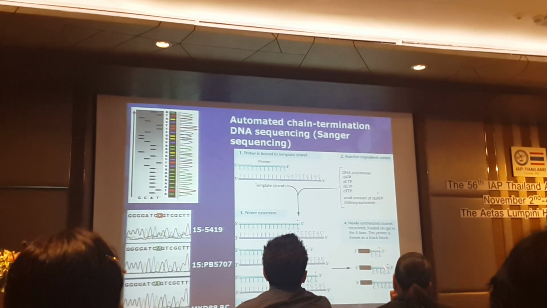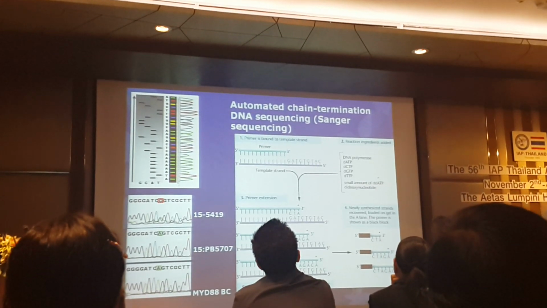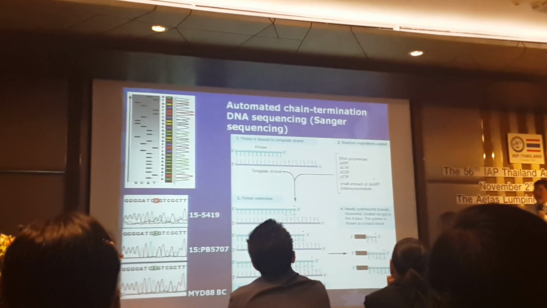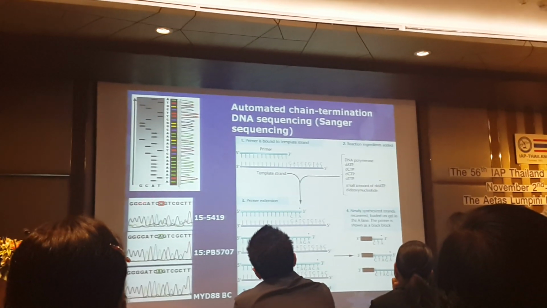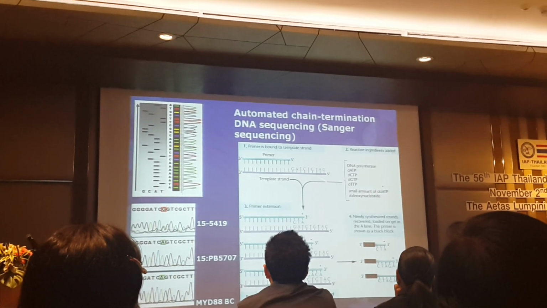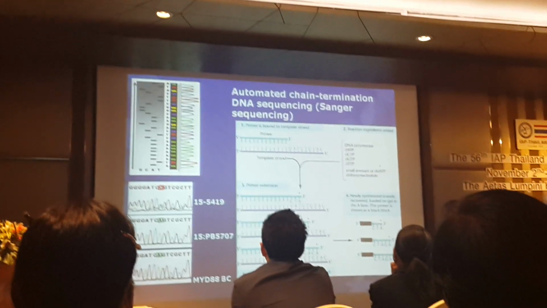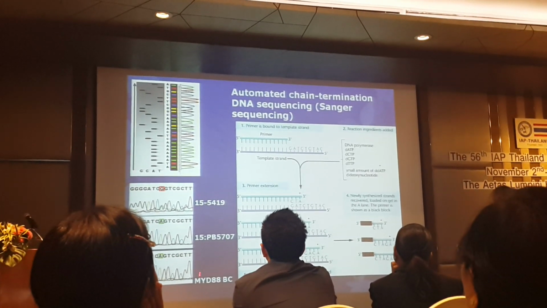Each one gives you a fluorophore, which you can detect when you send a laser through it. Through this, you can line up the sequences by length and read off the nucleotide sequences.